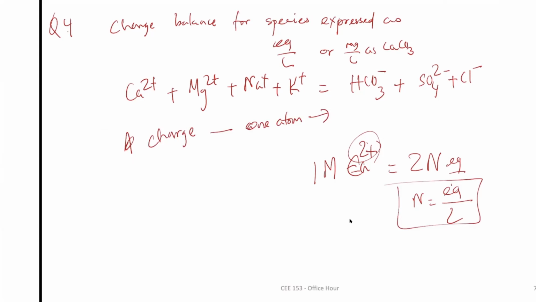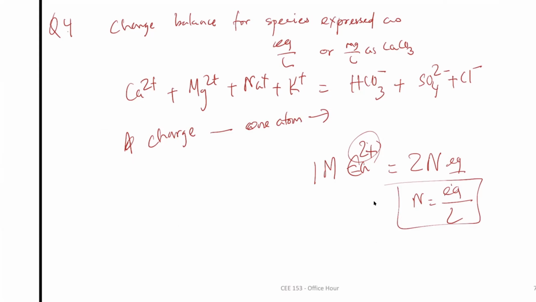So when you say 1 milligram of calcium, it doesn't mean much when it comes to charge. That's why I have to convert them to moles per liter. Or in this case, if you are already changing to calcium carbonate, then it's already there. You can just use that.